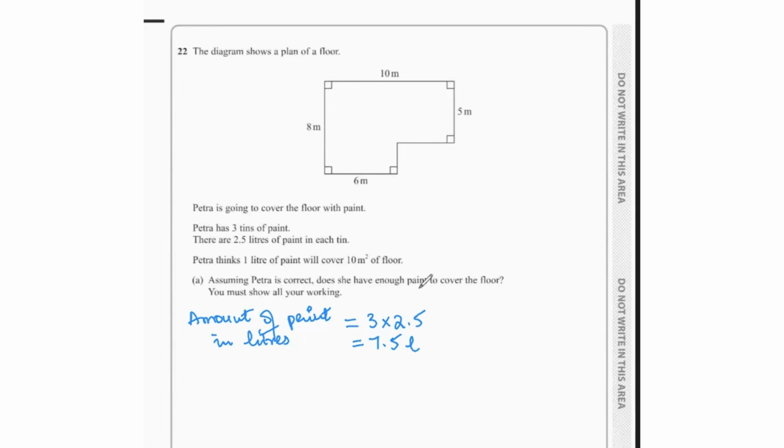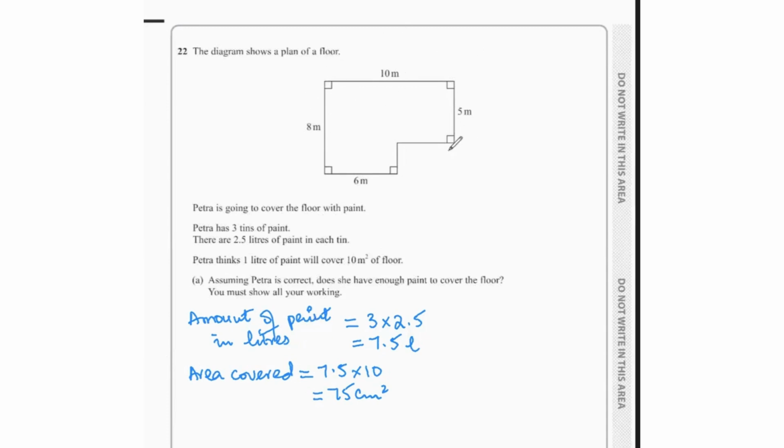Then, to find the area that this amount of paint can cover, if 1 liter can cover 10 meters square, 7.5 liters can cover 7.5 times 10, which is 75 meters square. So this is the area that the amount of paint can cover.